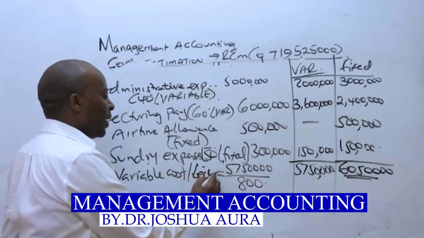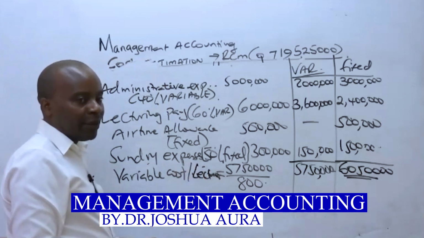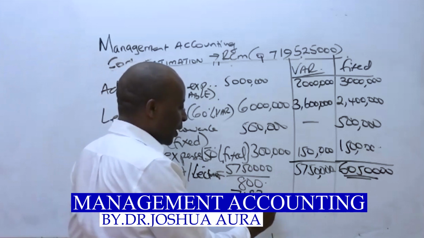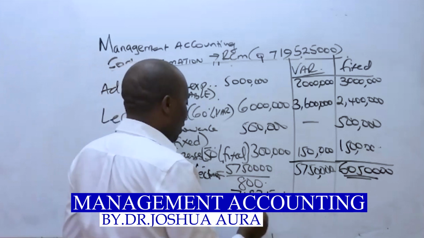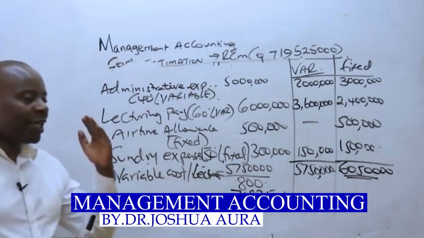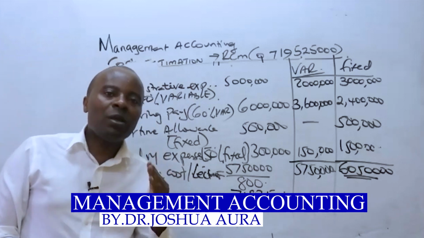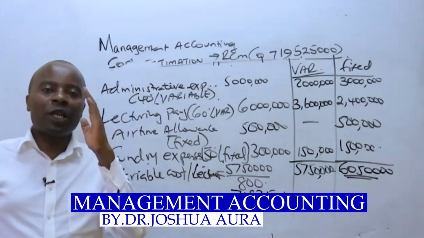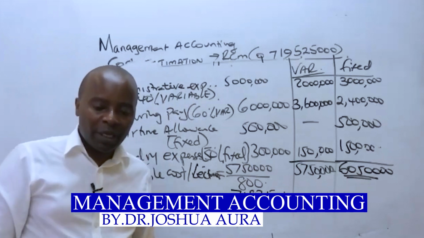So the unit of measure here is a lecturer. This gives us 7187.5. Thank you very much. So each lecturer variable cost is 7187.5. After getting the variable cost per unit, please move ahead and give us the cost equation as per the account analysis method.